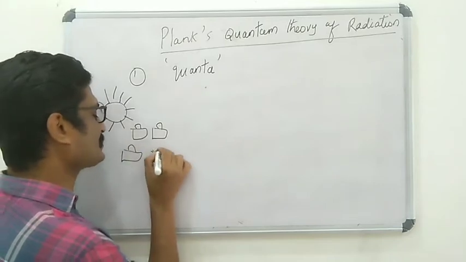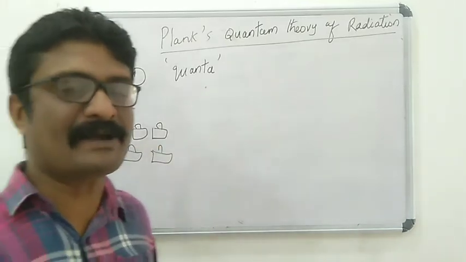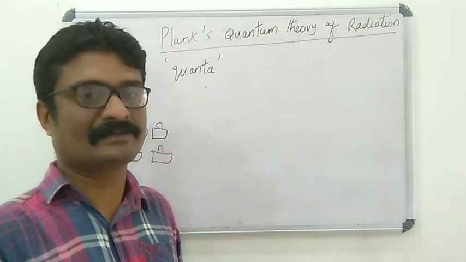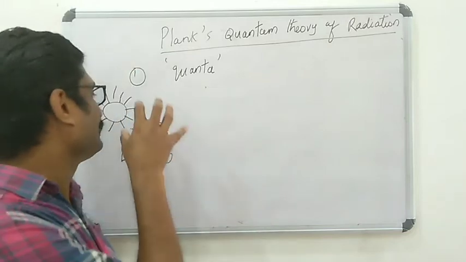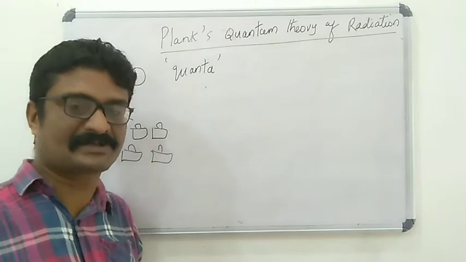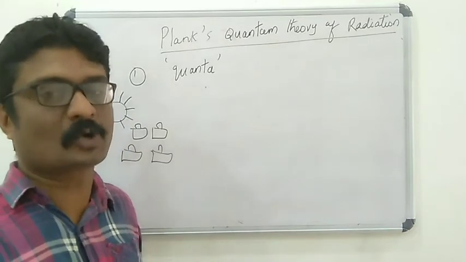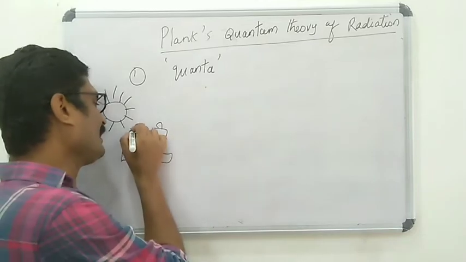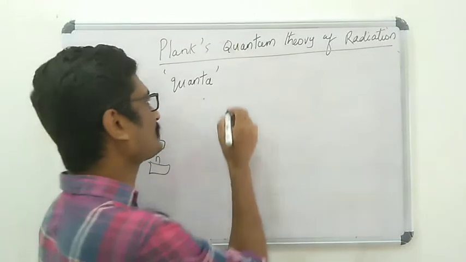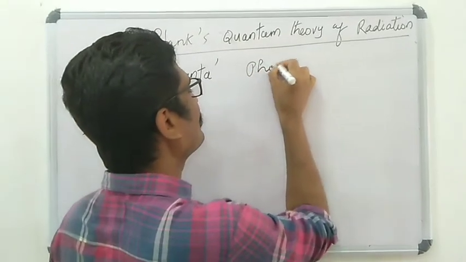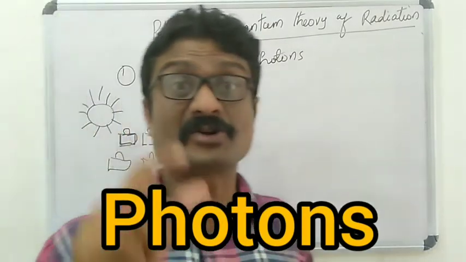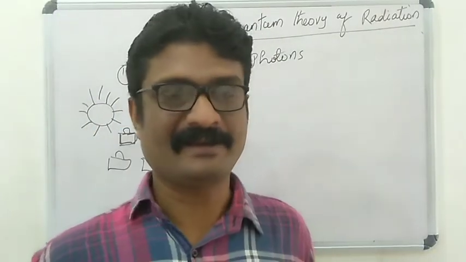These energy packets emitted by sun are called quanta. In the case of light, this energy packet, this quantum of radiation, is called a photon.